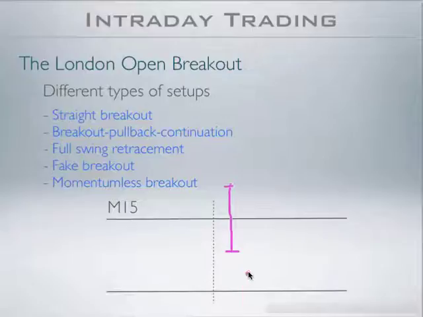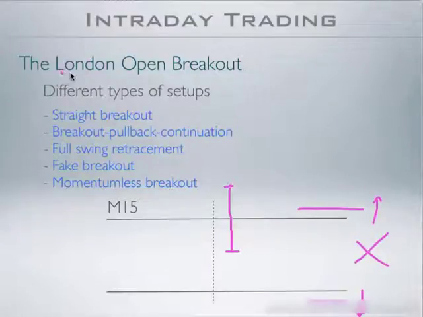You usually want to avoid bracketing the range by placing a buy order just above the range or a sell order a few pips below the lower boundary of the range. Okay, you don't want to do that. Why is that?